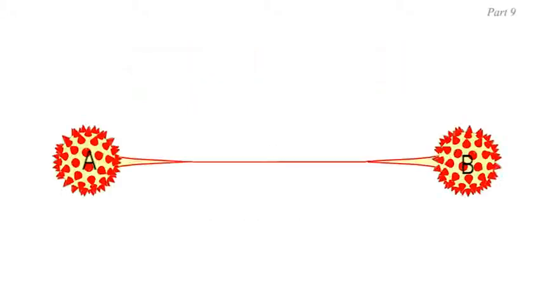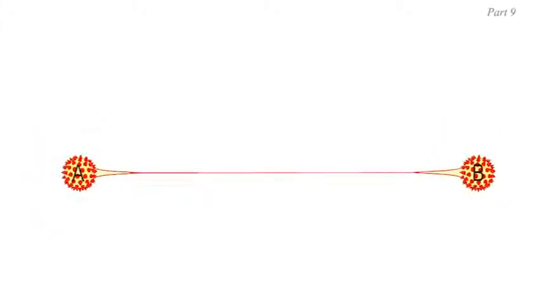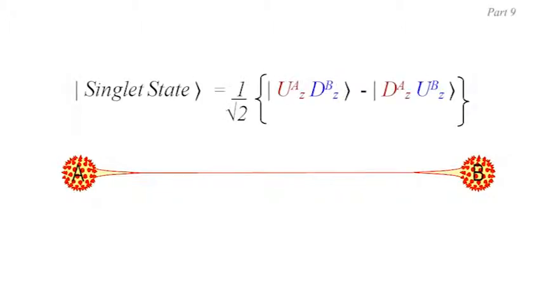Put naively, the question might be asked, after the first electron's measured and the component of its spin is found, say, to be +1 in the direction being measured, how can the second electron know immediately what direction its spin is to be in? Let's face it, it could be an extremely large distance away from the first electron, and nothing can travel faster than light. Well, the real answer to that question lies in the fact that the two entangled electrons are part and parcel of the same state, the same entity, the singlet state.